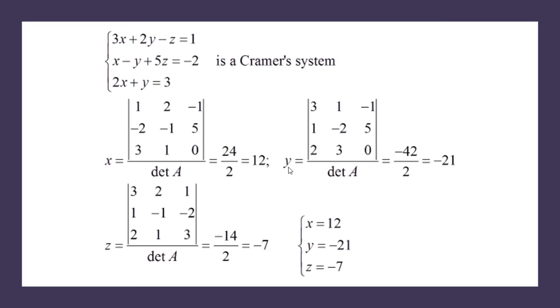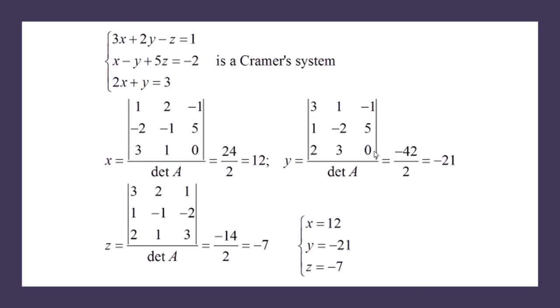In a similar way, when we find y, the first column will be as it is, the coefficients of x, and the second column will not be the coefficients of y, because we are finding y. The second column will actually be the matrix B, which is 1, minus 2 and 3. And the third column has the coefficients of z: minus 1, 5 and 0.